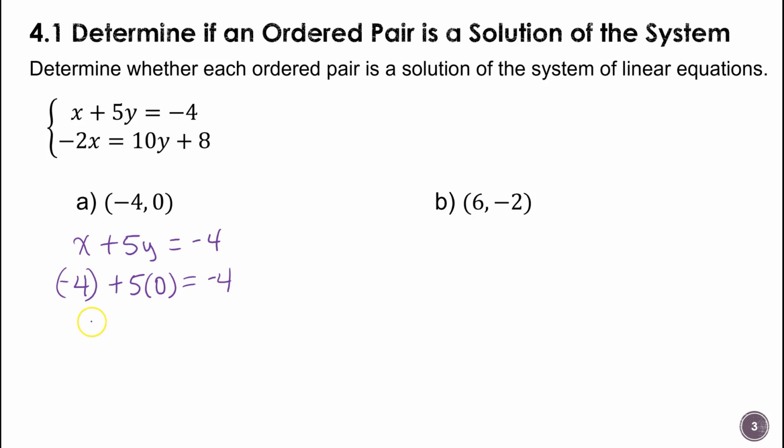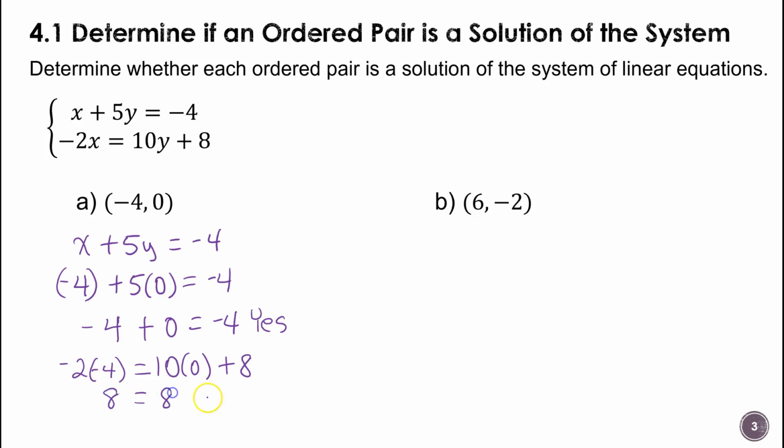So we end up with negative 4 plus 0 equals negative 4, and that is a yes. Then we have to check the second equation. So we have negative 2 times negative 4 equals 10 times 0 plus 8. So that's a positive 8 equals 8. That's a yes. So yes, negative 4, 0 is a solution to this system.